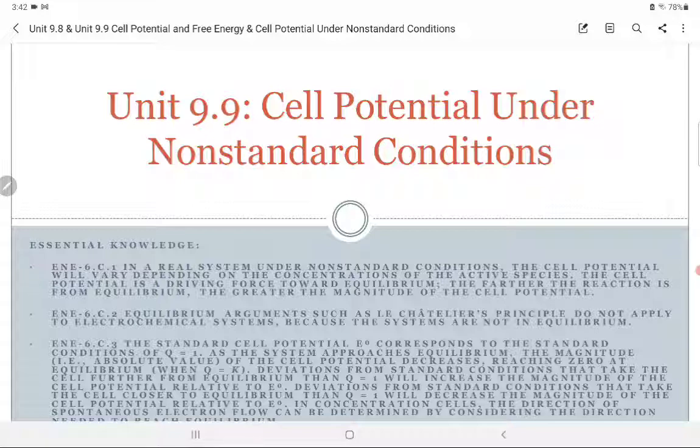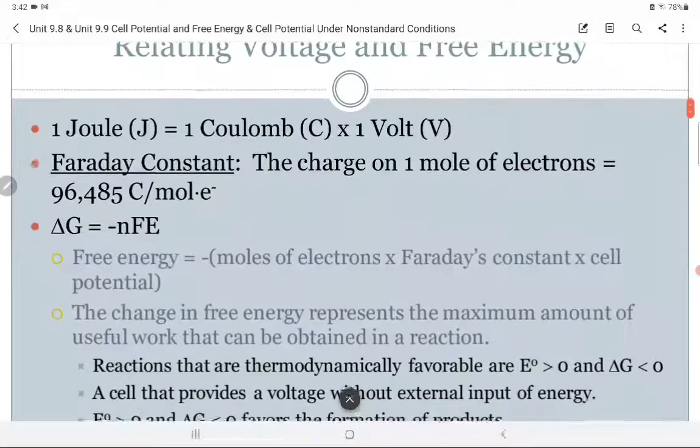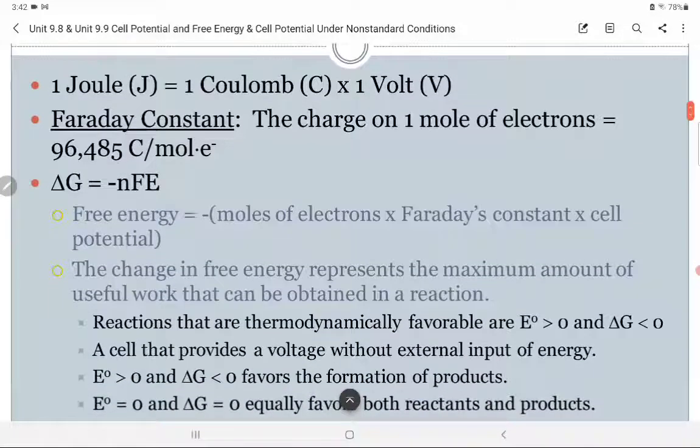So remember, standard conditions are 25 degrees Celsius and one atmosphere if it's a gas, but 1 molar if it's a molarity, which typically we would be dealing with molarities, not with pressures. So to be able to reconcile units, there is a relationship between energy, joules, and the energy that we've been dealing with in electrochemistry.